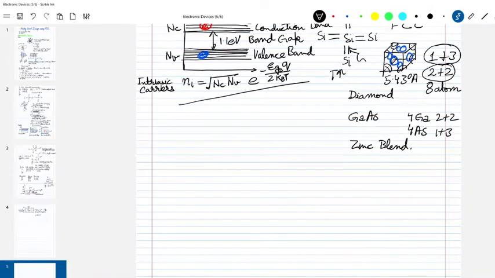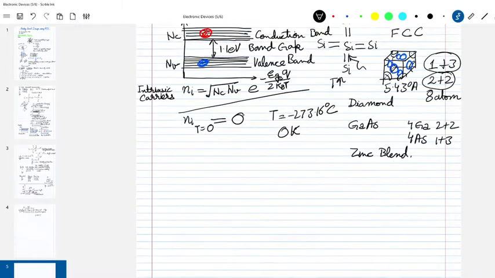Now let's say the temperature is 0, then this quantity becomes infinity. So Ni at T equal to 0 will be e raised to minus infinity, that is 0. 0 multiplied by root of NC and V is 0. So at absolute zero, T is equal to minus 273.16 degrees Celsius or 0 Kelvin, this is going to be 0.